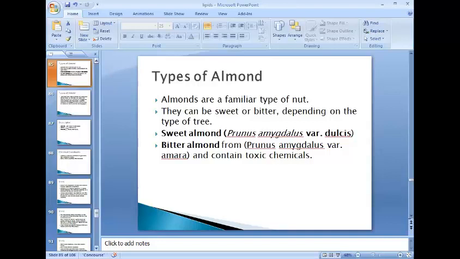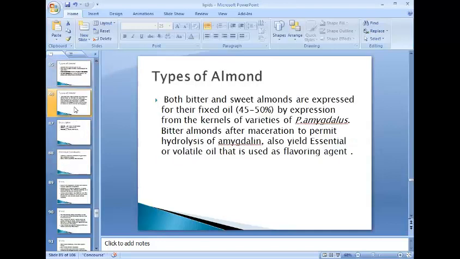These are the two varieties, and the bitter almond also contains a toxic principle. Both sweet and bitter almond are used as a source of fixed oil that accounts for 45 to 50%, and this is obtained by expression from the kernels of varieties of Prunus amygdalus.